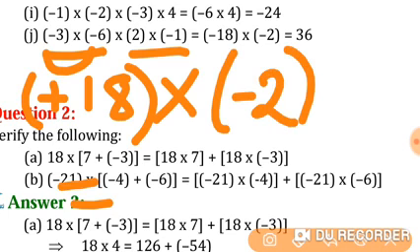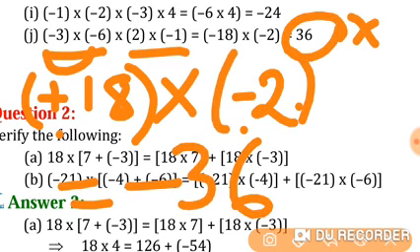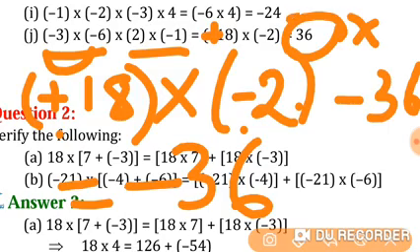See, 18 twos are 36, plus into minus is minus. So this answer is wrong. So write this as minus 36. They have mentioned plus, but this is not plus 18, it is minus. So this becomes minus.